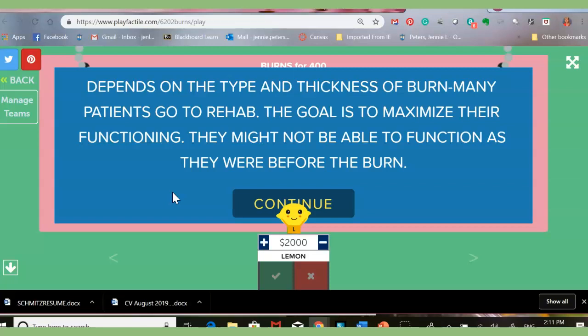Of course, we want to reach the goal of functioning as before, but remember, if they have second and third degree burns, especially if it's deeper thickness, I'm sorry, I'm saying for second and third degree. When you think second, think partial thickness, deep partial thickness, or superficial partial thickness. When I say deep tissue, that's third degree burns.